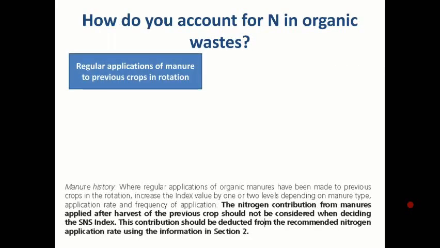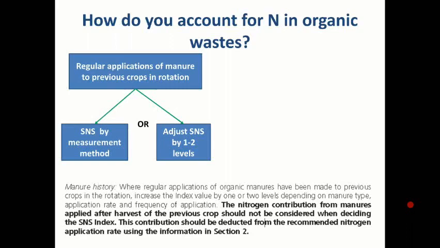So how do you account for N in organic waste? There are some different scenarios. If you've done regular applications of manure to previous crops in the rotation, then your soil nitrogen supply should really be accounting for the nitrogen in the organic waste, because it will have built up the organic pool in the soil, and that's going to elevate your soil nitrogen supply index.